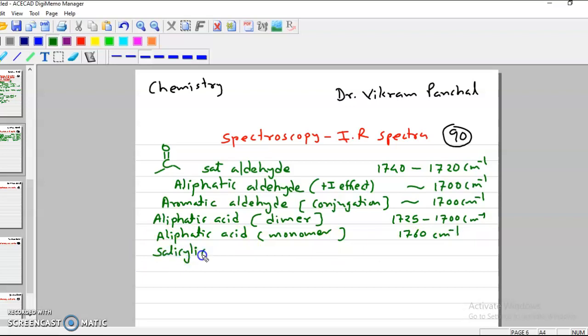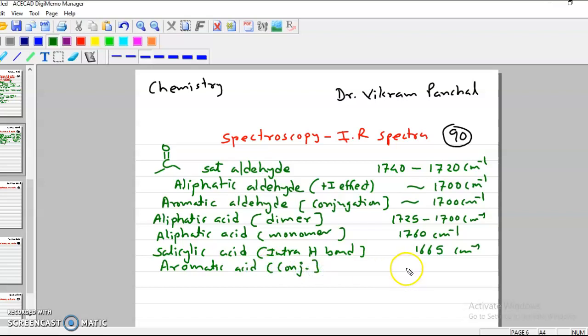We take the example of salicylic acid here, in which we will find intramolecular hydrogen bonding, and we will get a band at 1665 cm⁻¹. Aromatic acids, in which you will find conjugation, range about 1710 to 1680 cm⁻¹.